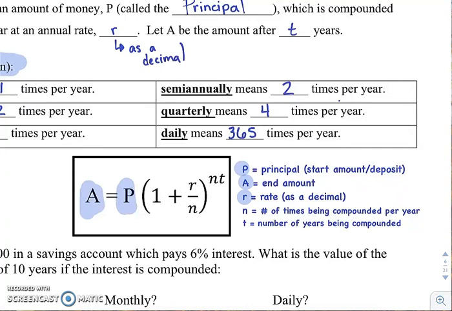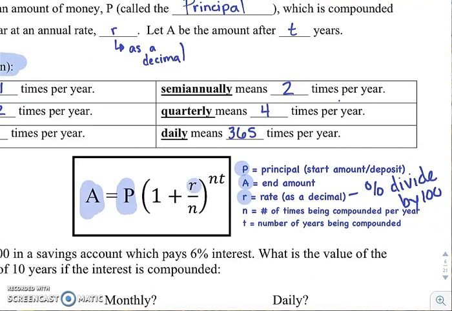So if you're trying to find a decimal, all you guys need to do is take your percent and divide by what? By 100. So if you're trying to get a rate as a percentage, you just divide by 100, or you move that decimal 2 places to the left.